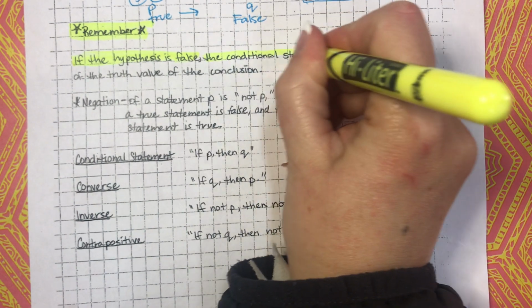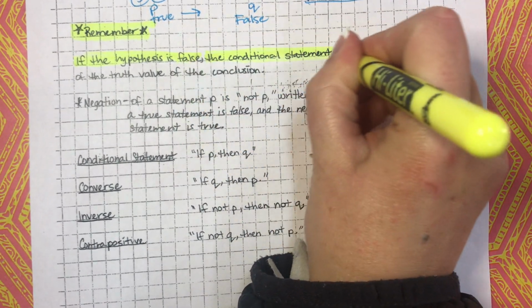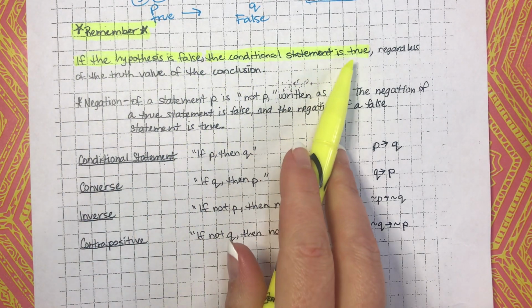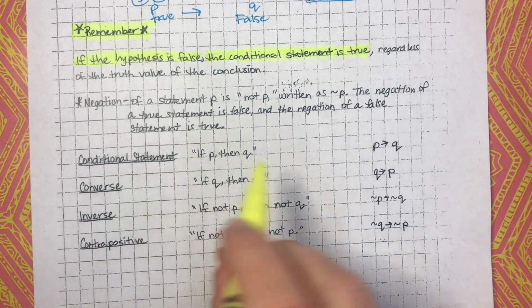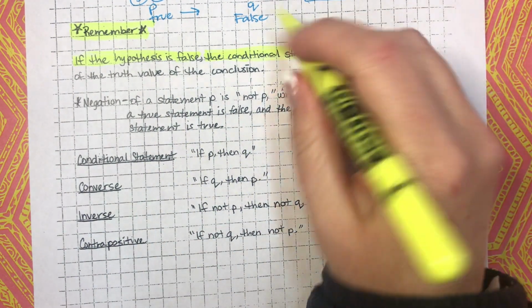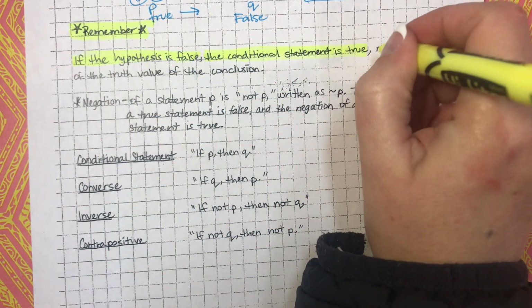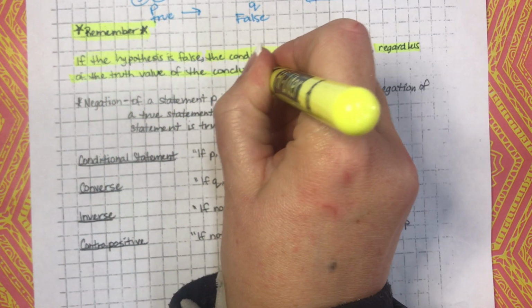I know that's a little weird, but we need to remember that if a hypothesis is false, the conditional statement is true, regardless of the truth value of the conclusion. So at the end of the day, if that hypothesis is false, who cares what the truth value of the conclusion is? Because it doesn't matter. It's going to be true.